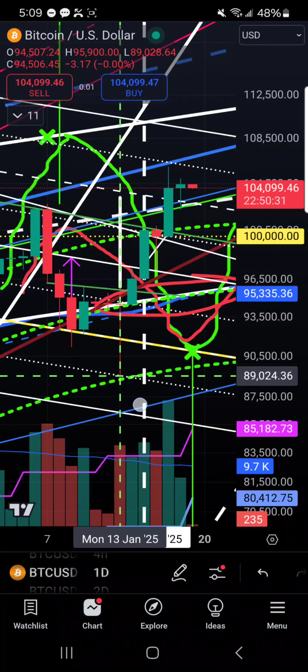But we did come down to the quarter line of the channel a little bit earlier, around 89,200.